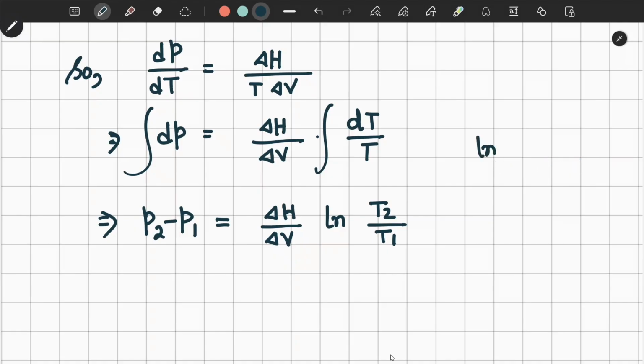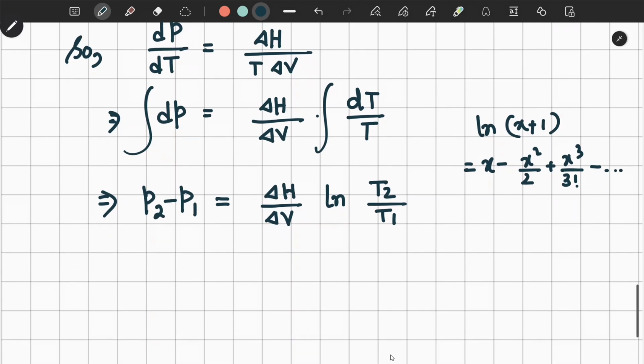So what is the expansion of ln x? ln(1 plus x) is x minus x square by 2 plus x cube by 3, just a Taylor series like this, if you remember. It is the ln series expansion.